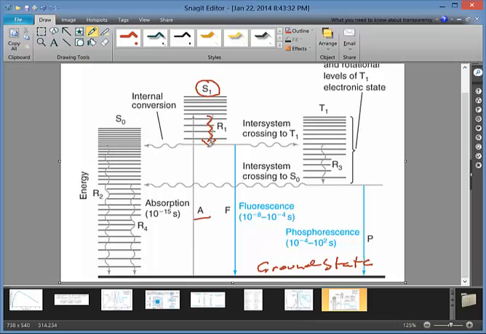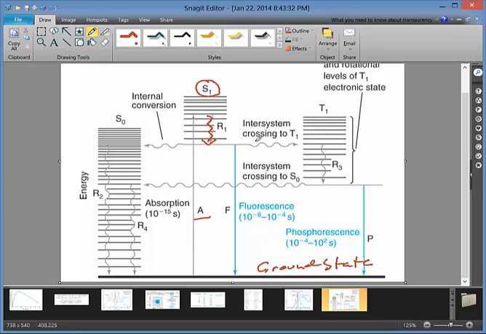Now there are two things that can happen at this point. That electron can then transfer from the excited state down to a ground state, or it can go to a different type of excited state called a triplet state. If it heads down towards the ground state energy levels, then this is called an internal conversion.